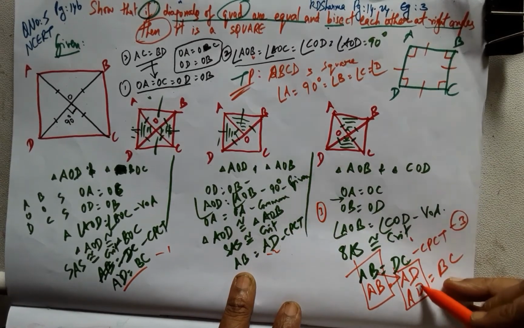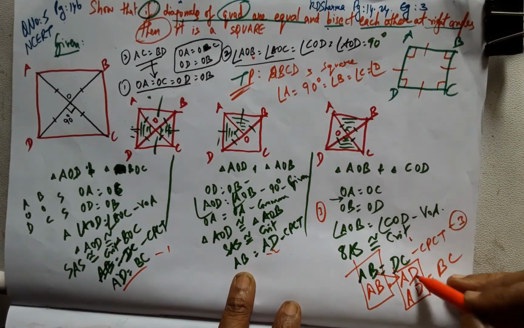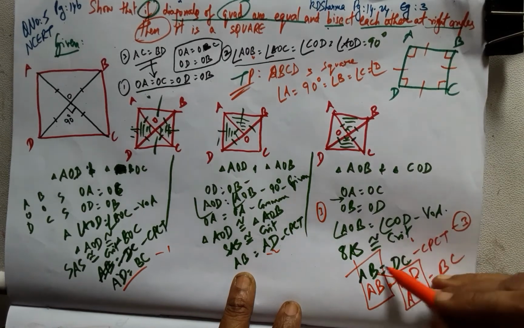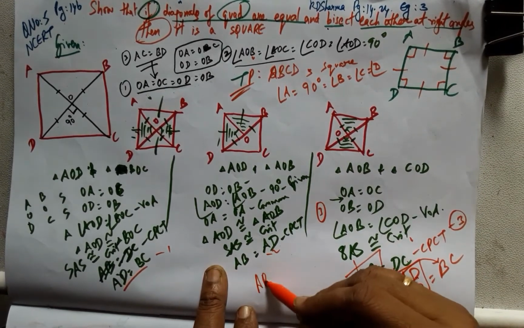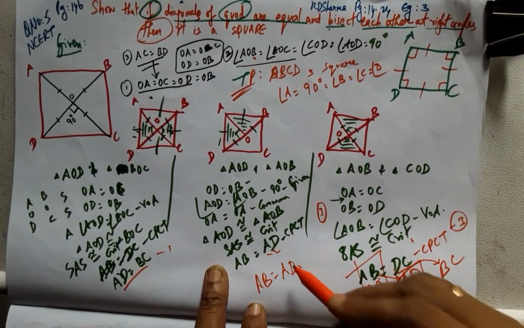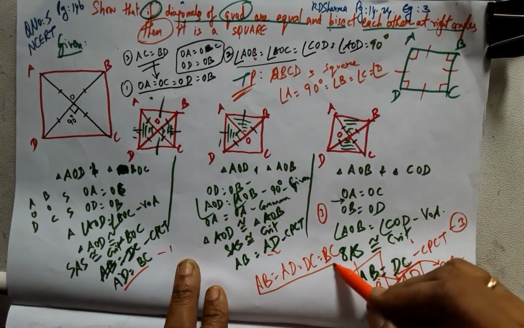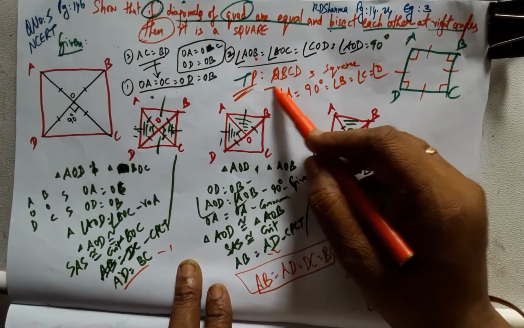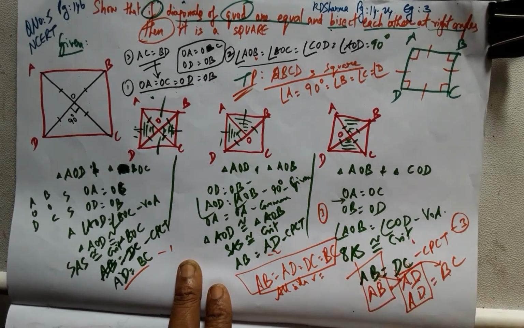Therefore again Euclid's first axiom is at work, and if these two are equal, then these are bound to be equal. Therefore AB equals AD equals DC equals BC, and here we have the proof which is required, that all the sides are equal.